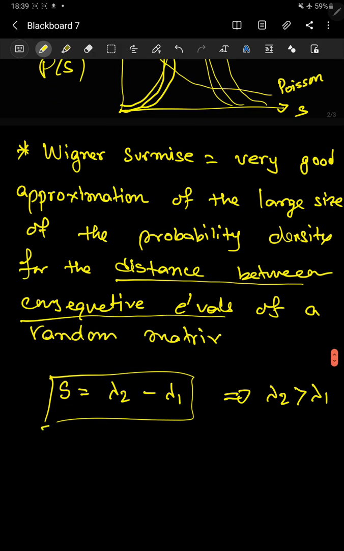And we'll see an example in a bit. But first, let's see the usefulness of this.